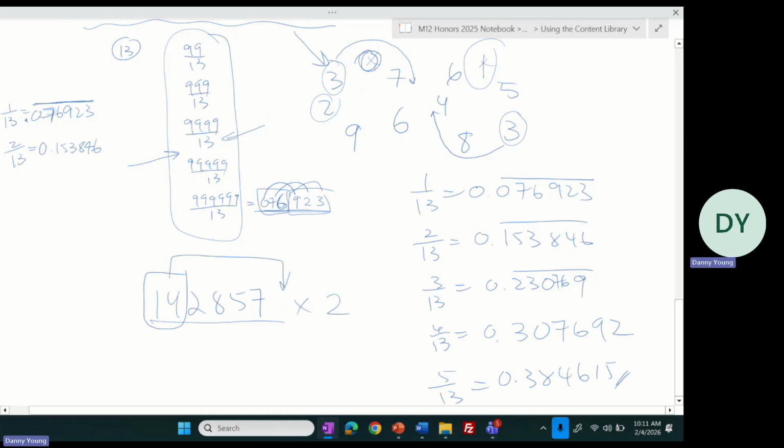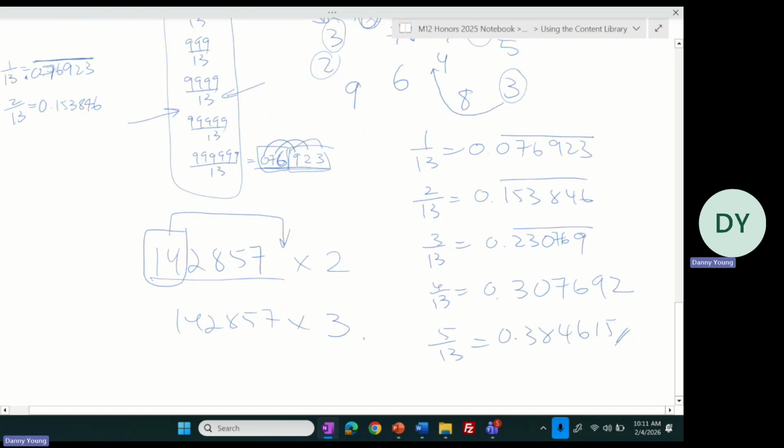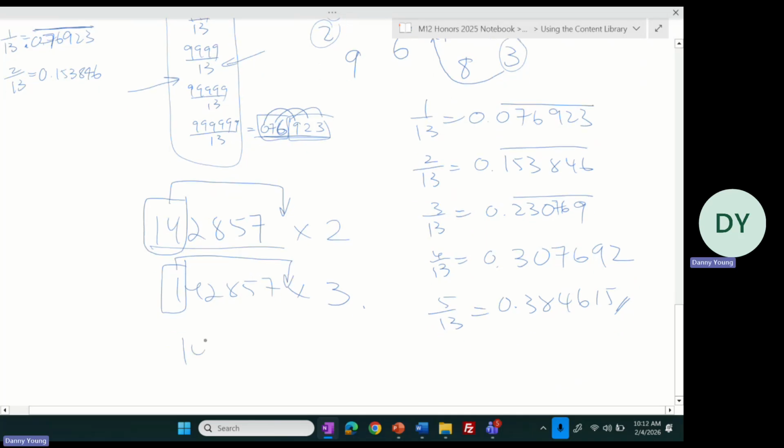If you multiply 142,857 by 3, the 1 gets moved to the back. If I multiply by 4, these 4 all go to the back. That makes sense?